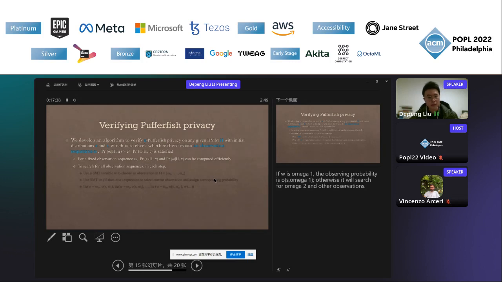Nevertheless, we develop an algorithm to verify epsilon pufferfish privacy on any given HMM H with initial distributions pi and tau, which is to check whether there exists an observation sequence omega such that the probability of getting omega under the distribution pi is larger than e to the epsilon times the probability of getting omega under the distribution tau.